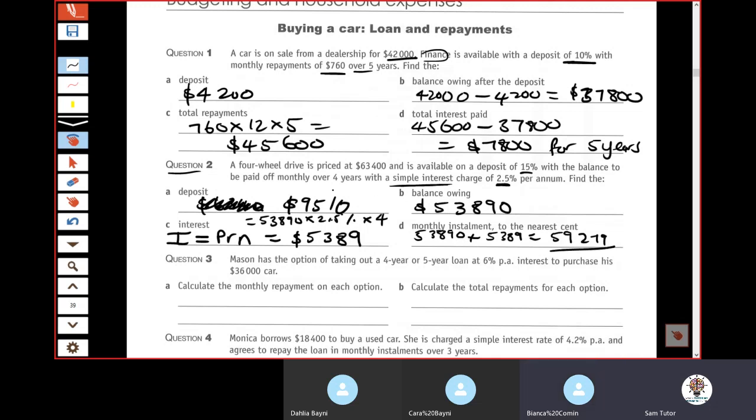So monthly, you've got to pay back, divide by 48 because it's for 4 years. So every month, you would have to pay back 1234.98. Make sense? Yeah.